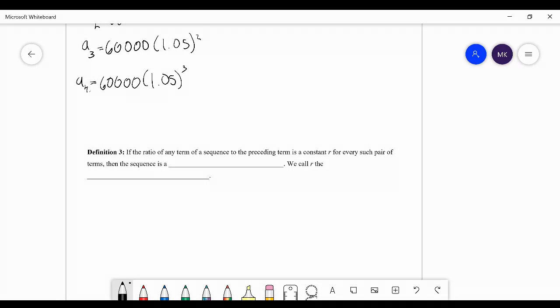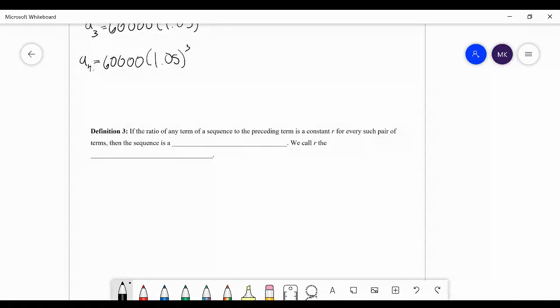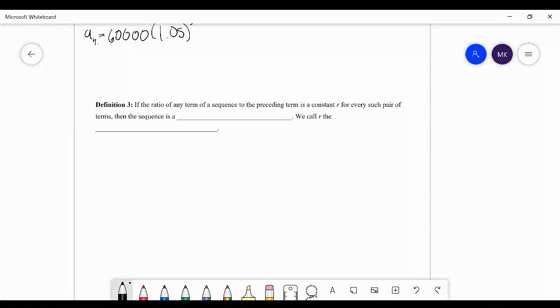Now let's turn that into an official statement. So we had arithmetic sequences, but we also have another type of sequence that is very important. As you can see from this last example, it has something to do with exponentials.